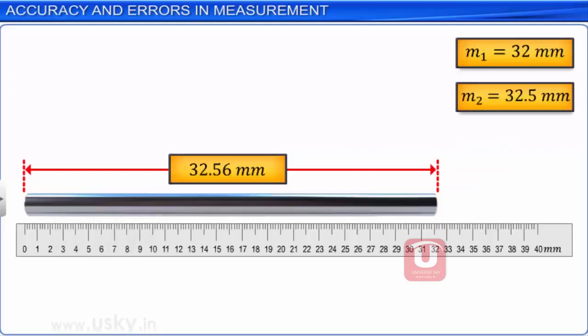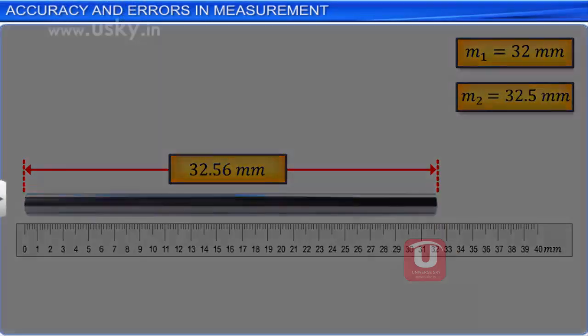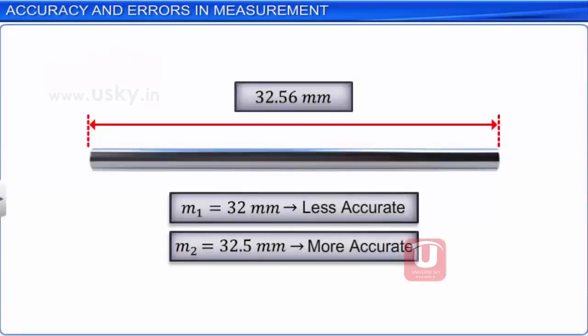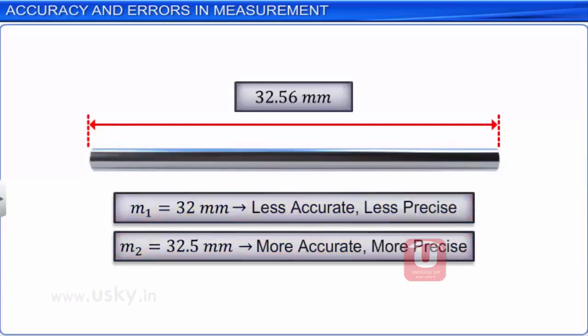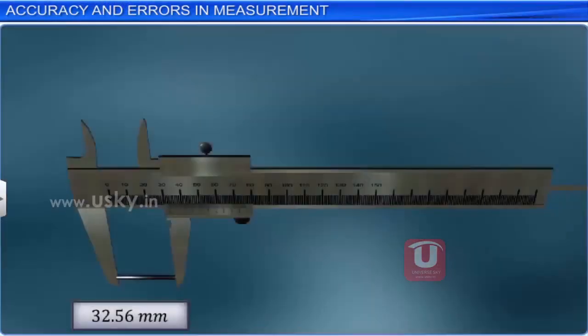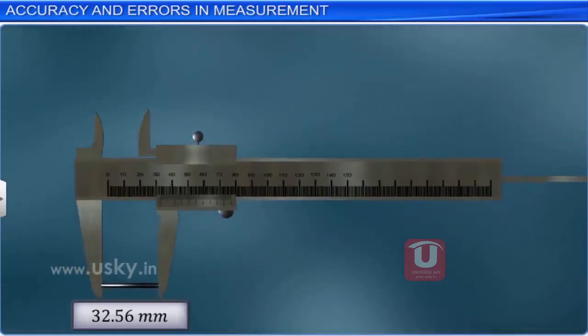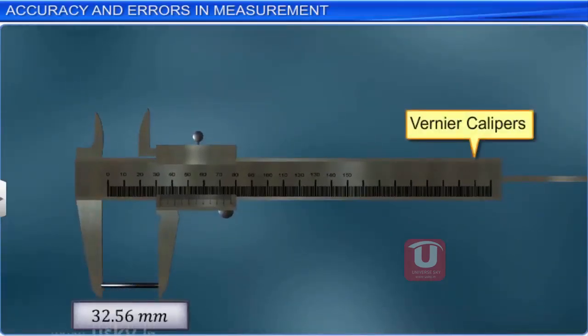Let us call this M2. Here, M2 is more accurate as it is closer to the object's true value than M1. Also, M2 is more precise as the resolution of the instrument used is greater than that of the first one. Any quantity that is measured should be accurate and precise, especially in science and technology. In reality, however, measured values carry uncertainty.